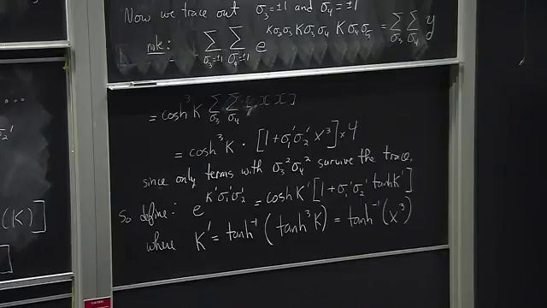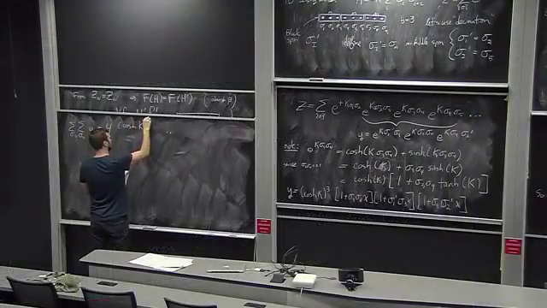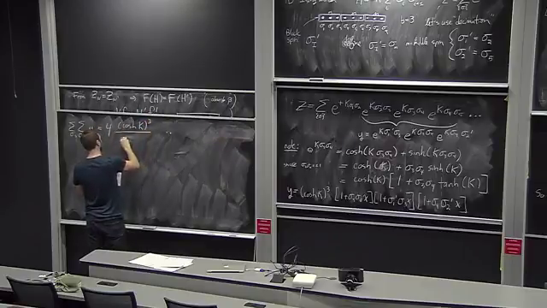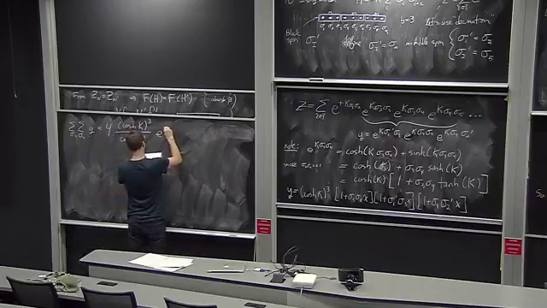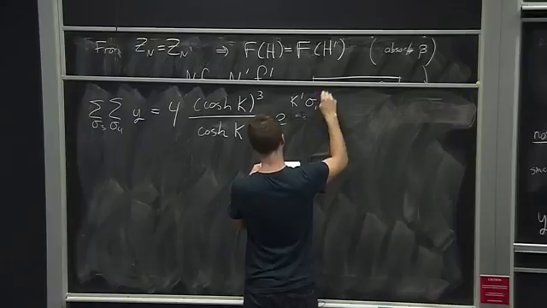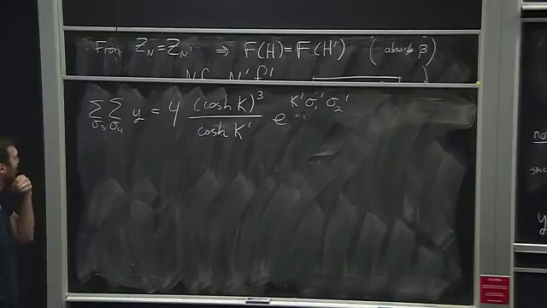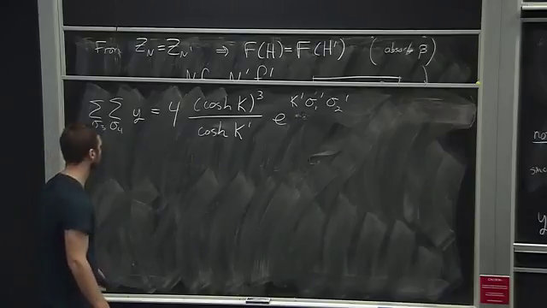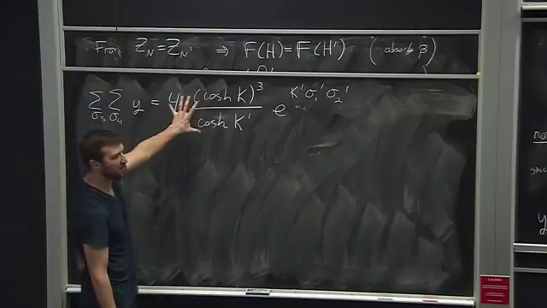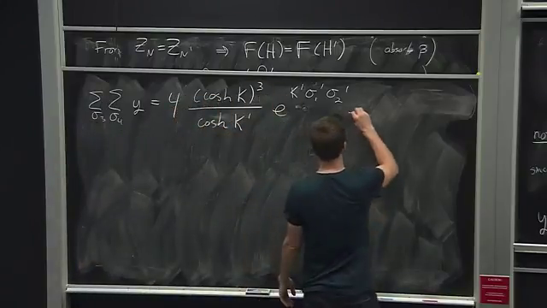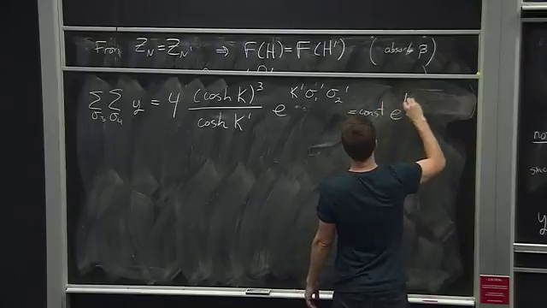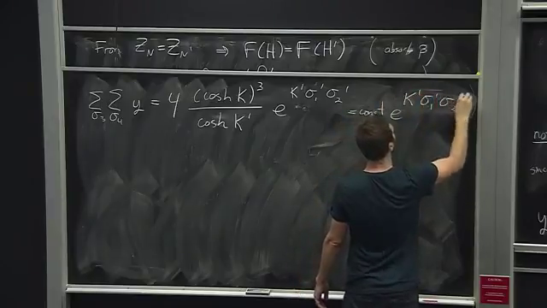And sigma 3, just to summarize, it's going to be 4 hyperbolic cosine cubed, which is just some constant times this piece, K prime, sigma 1 prime, sigma 2 prime.